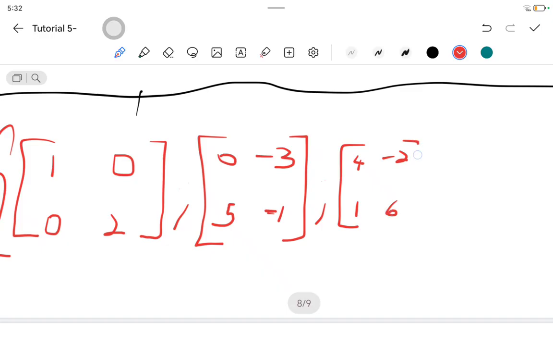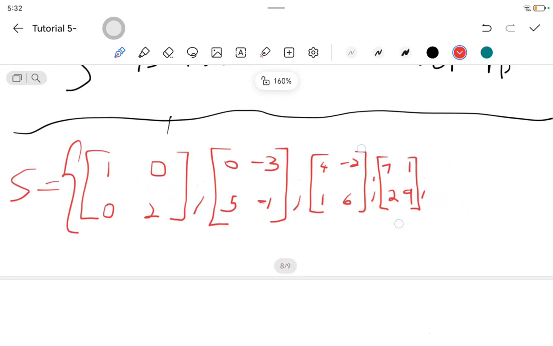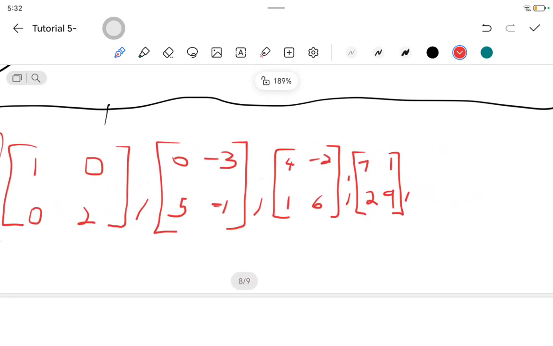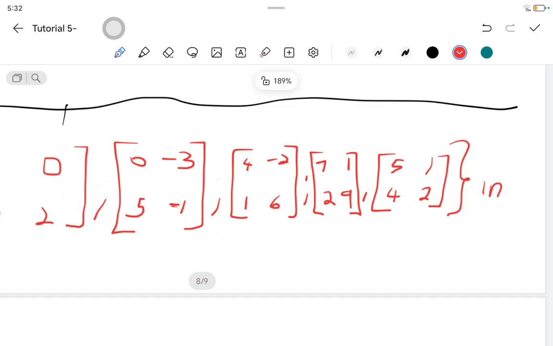And then we have 7 1 2 9. And then the last one, we have 5 1 4 2. They say that all this is happening in M2 by 2.